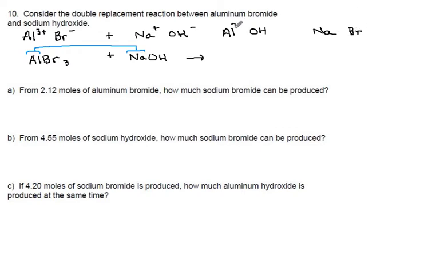And our charges are aluminum still +3, hydroxide's -1, sodium's +1, bromine's -1. So, an aluminum will bond with 3 hydroxides, and you need brackets to make that work. You have to say Al bracket OH, close bracket 3. And NaBr is nice. The charges already match, so we can simply write a single sodium with a single bromine, and all's good. Okay, so that's the double replacement reaction.